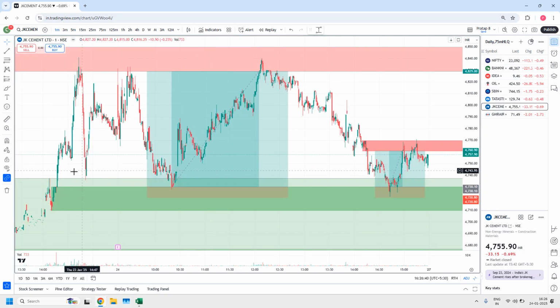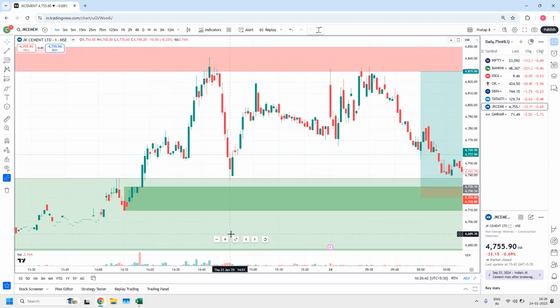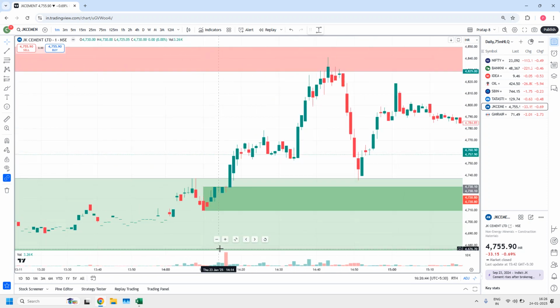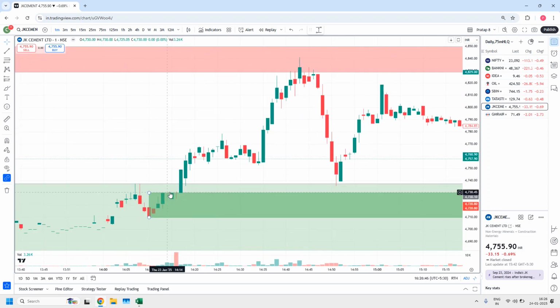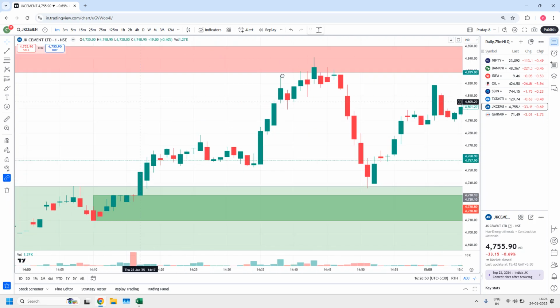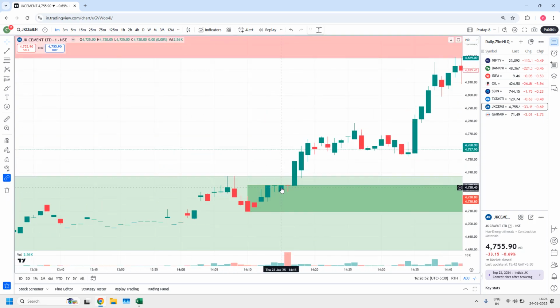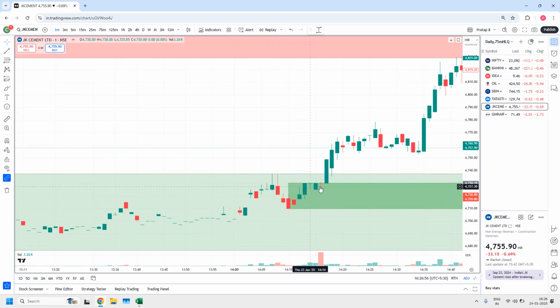In the 1 minute time frame, you see here you have a rally, 3 base candles and a rally candle. A small candle, so I kept it as part of the base. Rally, base, rally. If you draw a zone, it will be like this.